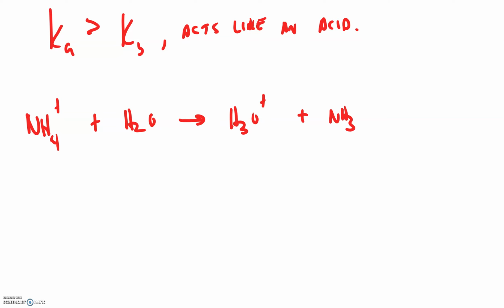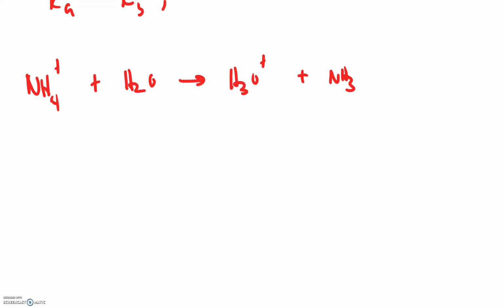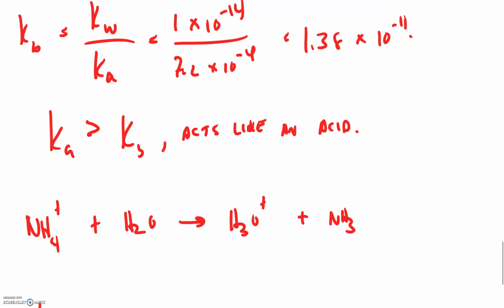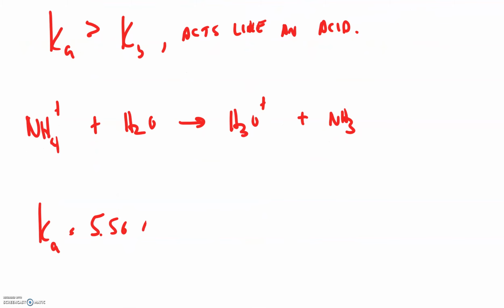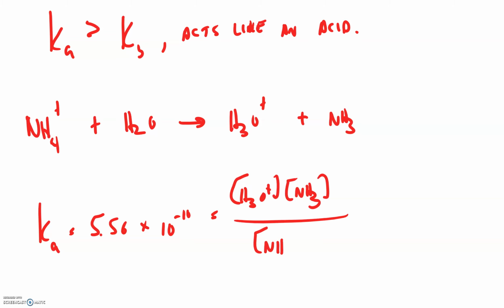So what are we going to do? Let's just plug this in. We know this Ka, we said, was 5.56 times 10 to the minus 10th. And our products will be H3O plus and NH3 on the top, and NH4 plus on the bottom.